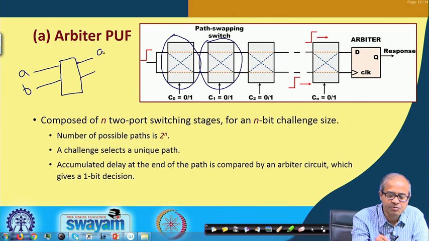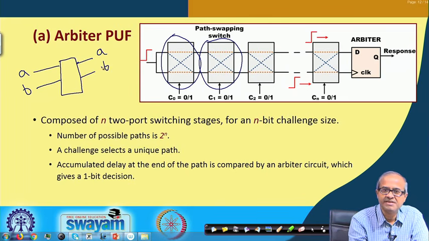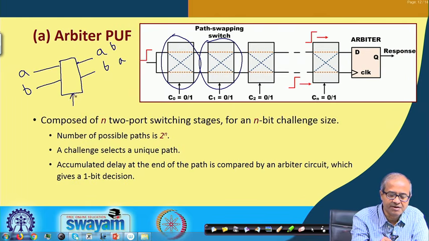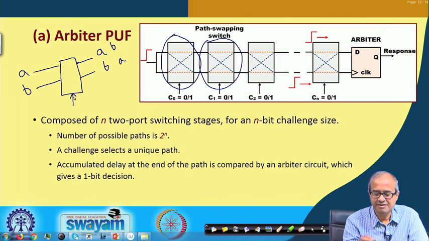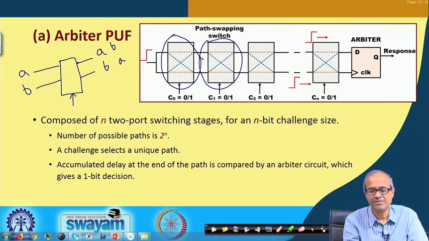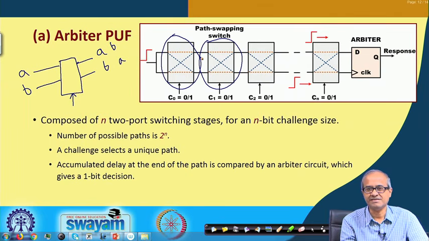Either these inputs will come out as they are or they will be interchanged, A will come here, B will come here, and what will happen depends on a control signal. So, depending on this control signal whether it is 0 or 1, either the inputs will come out straight or they will be exchanged.